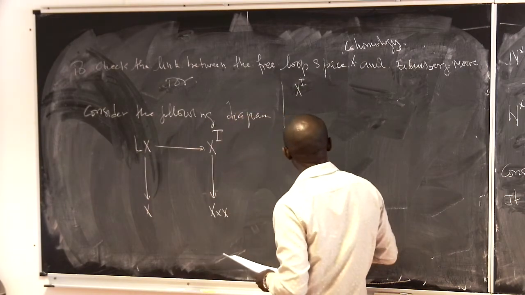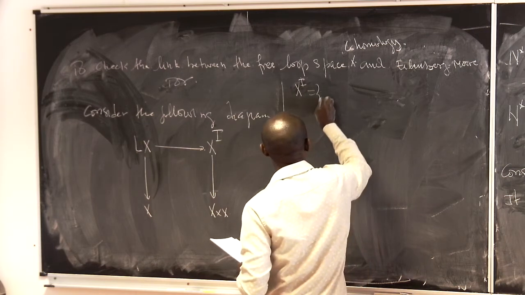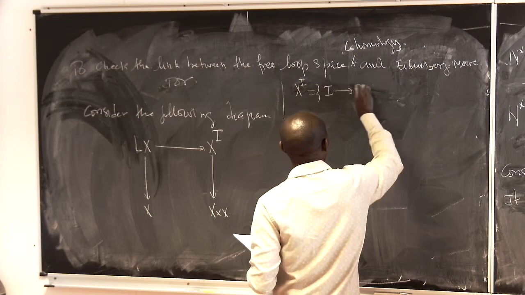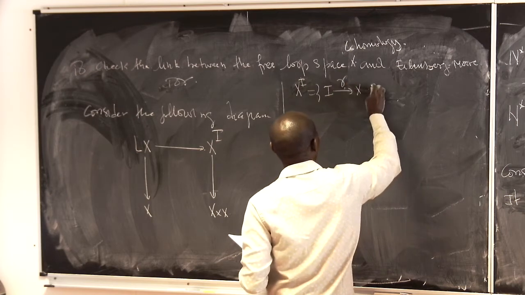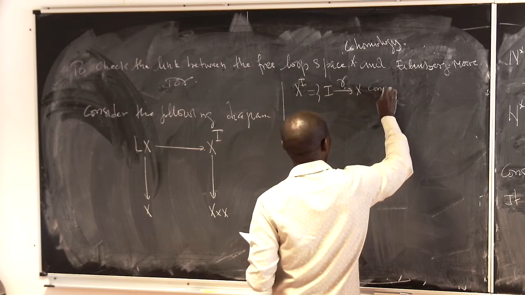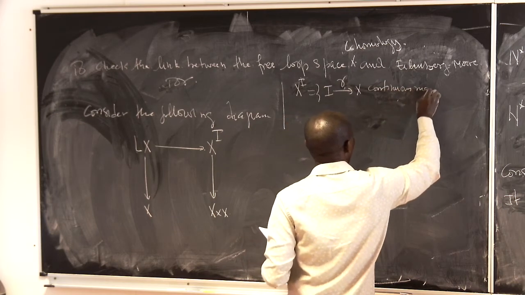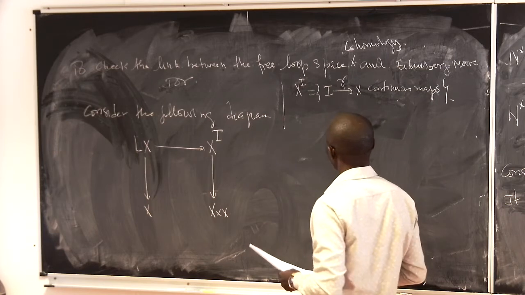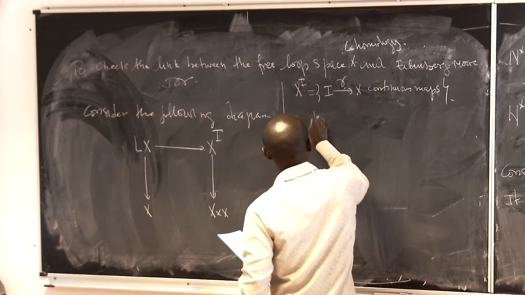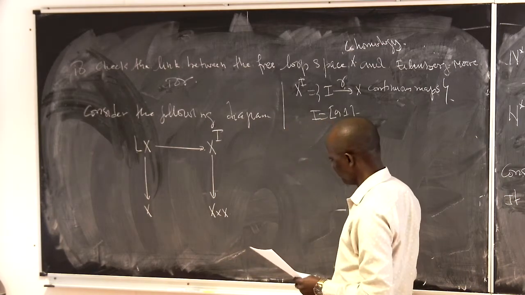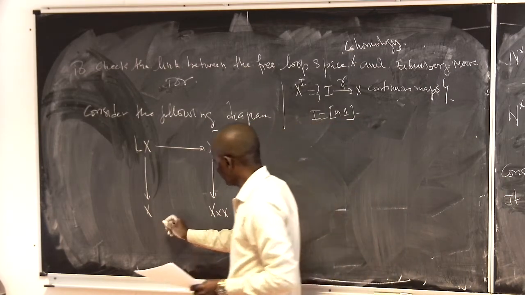X power I is just the set of continuous maps from the unit interval to X. I here is the unit interval, meaning 0, 1. X is our topological space.